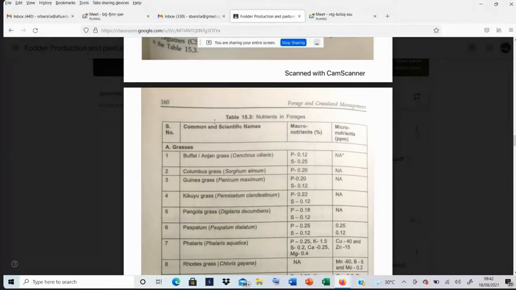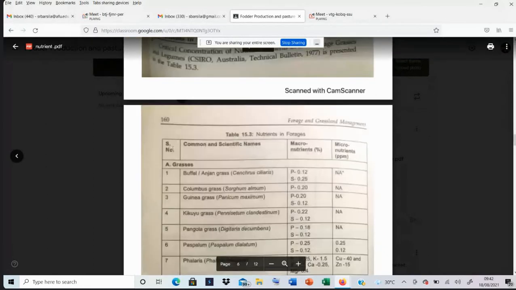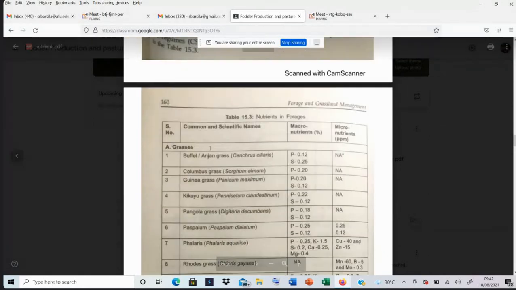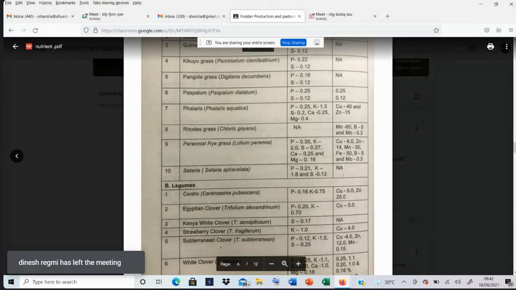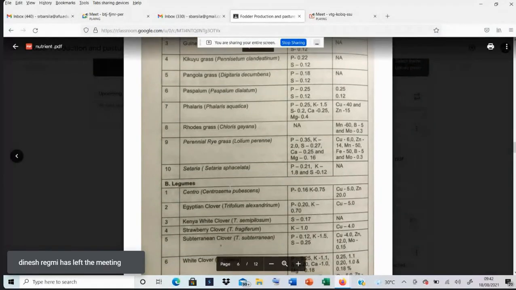Like, how much soil nutrient you have and how much plant nutrient is needed, there is one table that describes a lot. It gives nutrients in forages, okay. Cenchrus ciliaris, anjan grass: phosphorus 0.2%, sulfur 0.25%. Then next is paspalum, rhodes grass, perennial ryegrass that has a lot of micronutrients also, and setaria, where micronutrients may not be available in some setarias, okay.